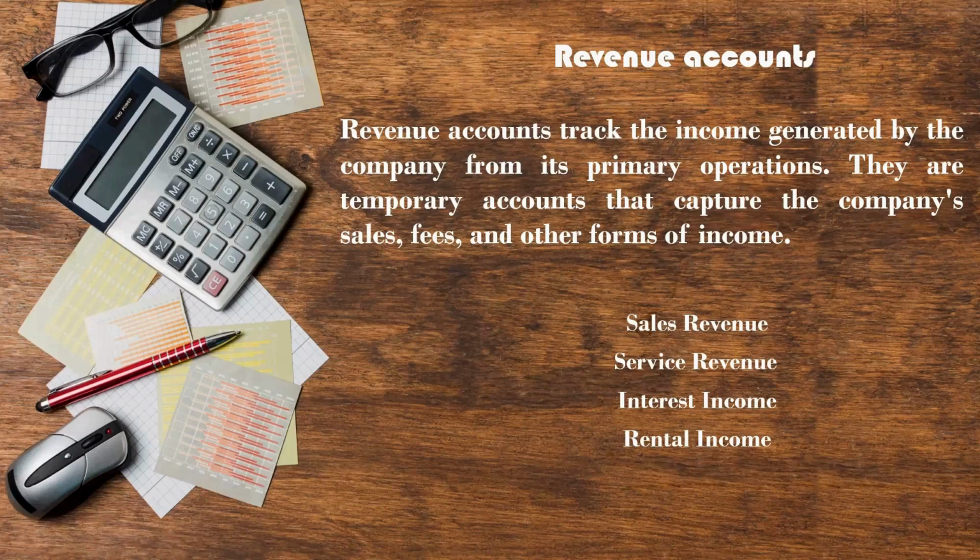If it is a service-based company, we get the income from the service. If you have deposits, or if you have given any loans to other parties, you will get the interest. And if you have lands or buildings, we can get the rental income from that also.